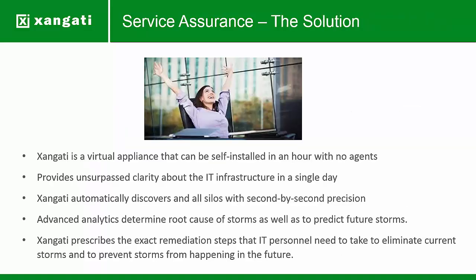So Xangati is the solution for service assurance. I mean, look at how happy this woman is in this picture. Xangati is a virtual appliance. It can be self-installed in 1 hour with no agents, so it's great for doing an IT assessment. It's a great service that you can do for your customers. It provides unsurpassed clarity about the IT infrastructure, as I spoke about, second by second clarity, end to end, in just a single day.